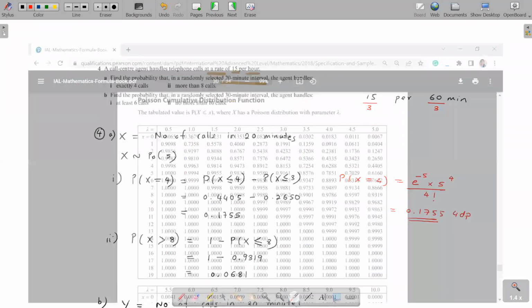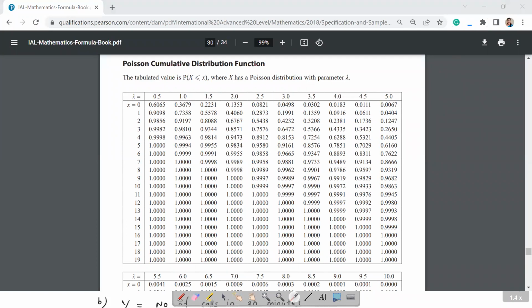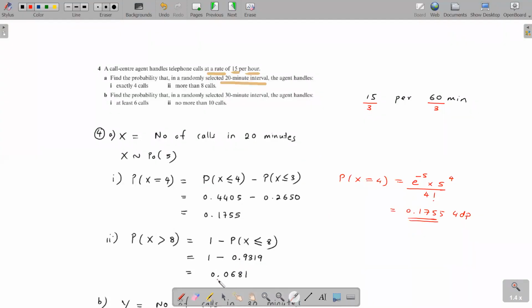I hope you guys saw it. Let me show it again. Here lambda value 5, x value 8. Go to the respective value, 0.9319. So this value is what I have used in the calculation. That's what I've written here, and this is the answer.